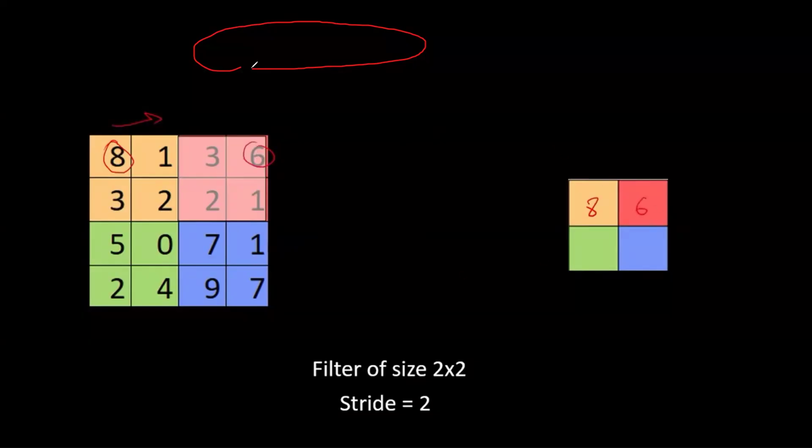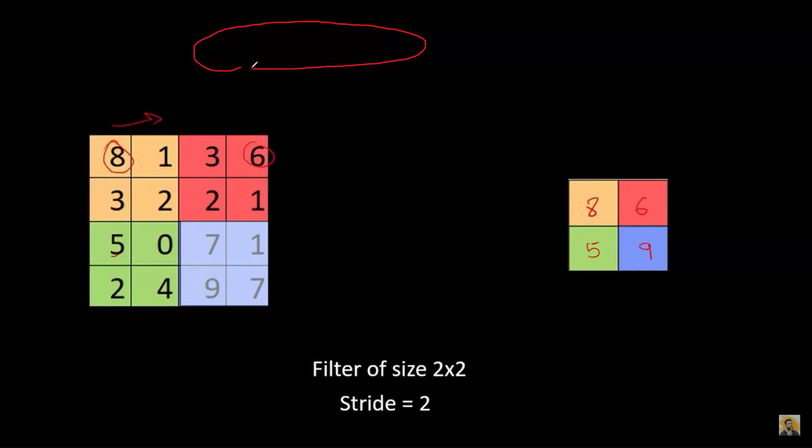As we have reached the right edge of this image, we will move 2 pixels down and again extract the maximum value and put it at this position, and we'll perform a similar operation for this window and we will place 9 at this position. So this is how the max pooling operation is performed.